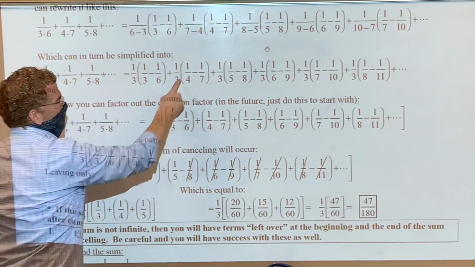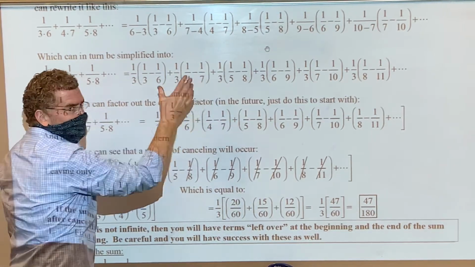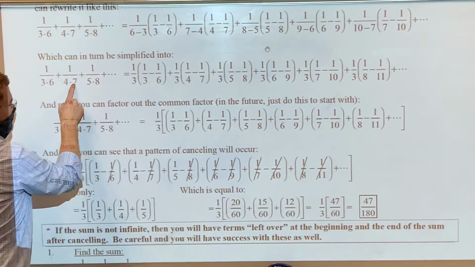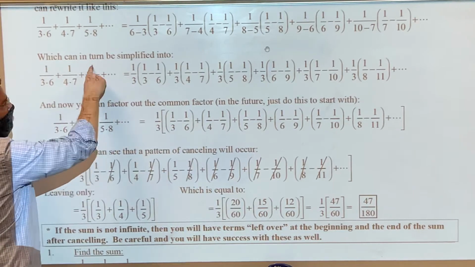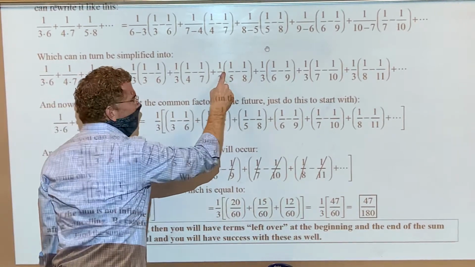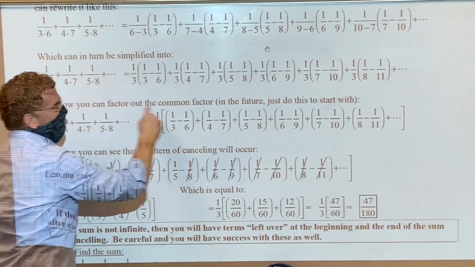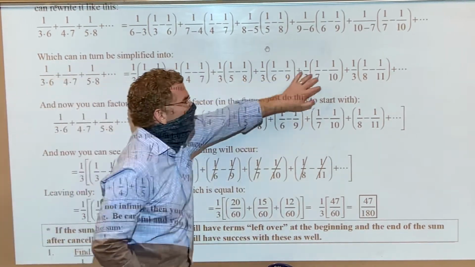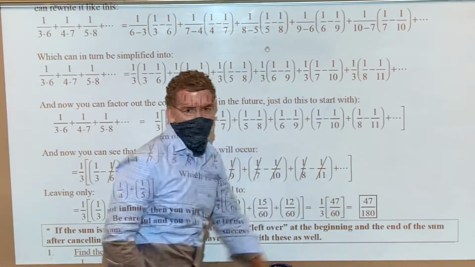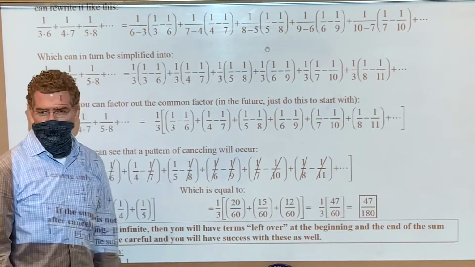This one ends up being 1/4 minus 1/7 times 1/7 minus 4. But again, that's a 3. This ends up being 1/5 minus 1/8 times 1/8 minus 5, which is again a 3. And if I keep doing this forever and ever, I get this long sustained pattern, which still is horrible looking.